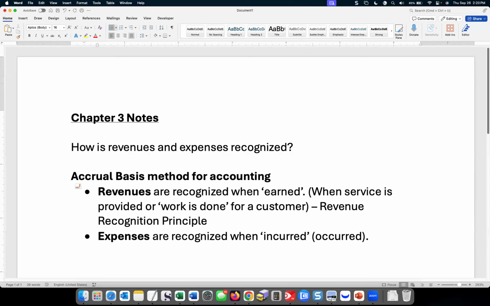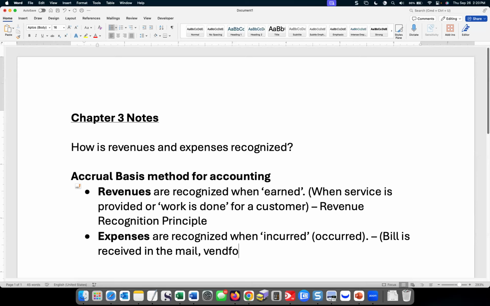Now, again, it doesn't matter if you paid them or not. That does not judge whether or not you recognize them. It's all about whether or not you got the bill. And that is the thing that dictates whether it gets recognized. So, bill is received in the mail.